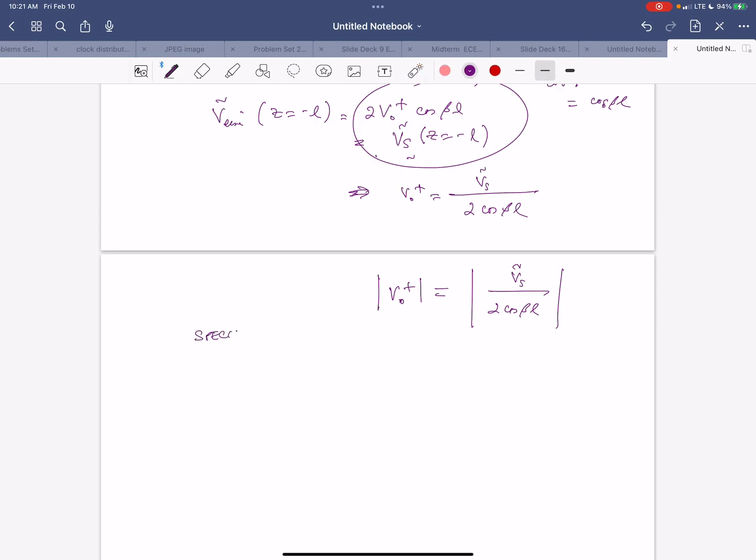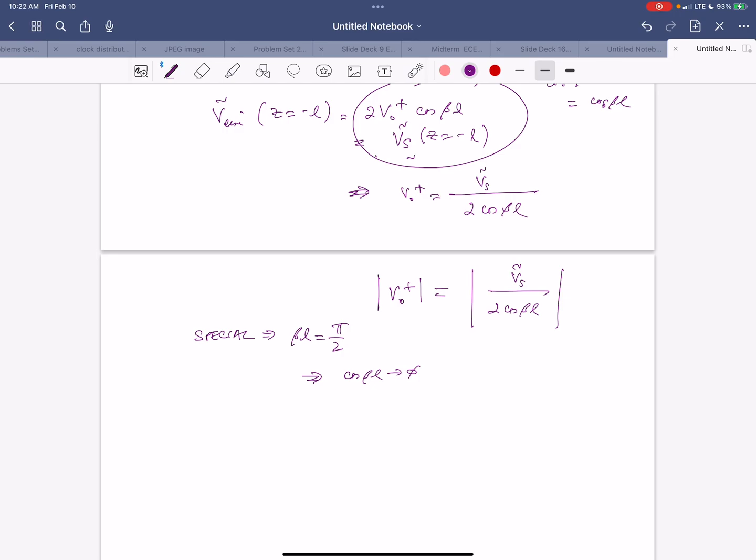I warned you ahead of time that it could give some seemingly nonsensical results. There's a special case of beta L equal to pi over 2. In that case, cos of beta L goes to 0, and I get an infinite voltage launching into the transmission line. Infinite is usually not realistic in the voltage domain, so something is up.